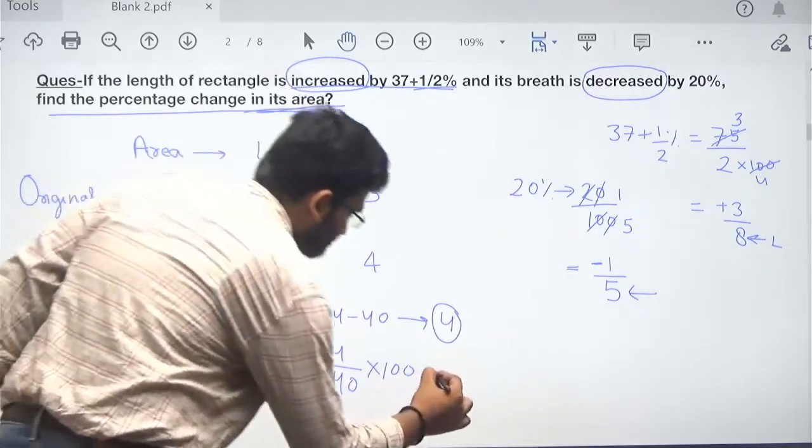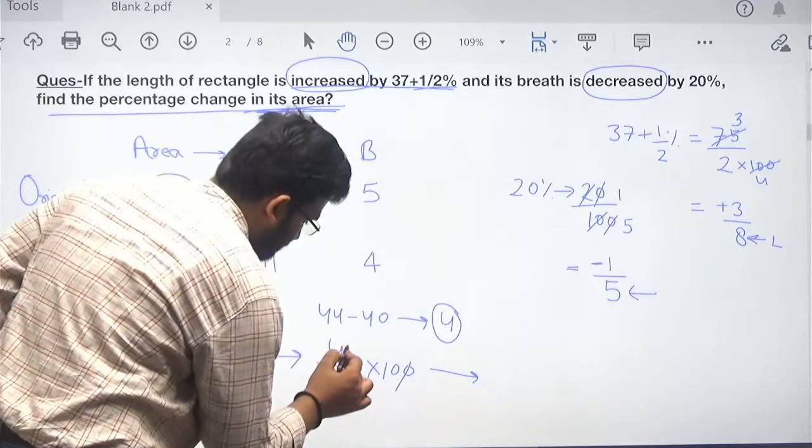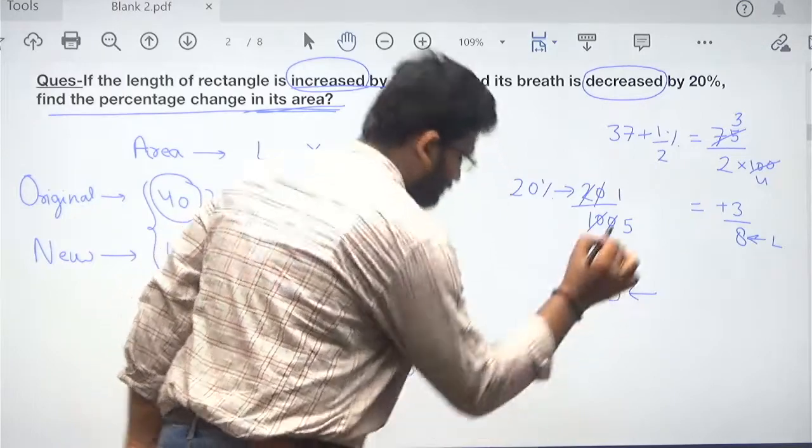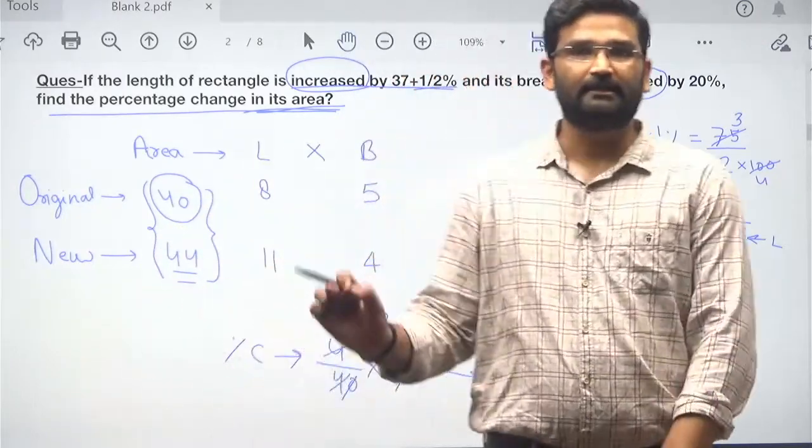How much will it come? So area has changed by 10%.